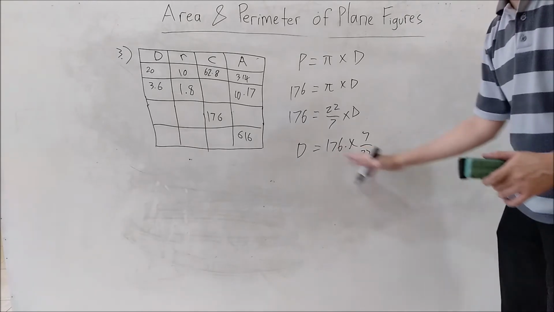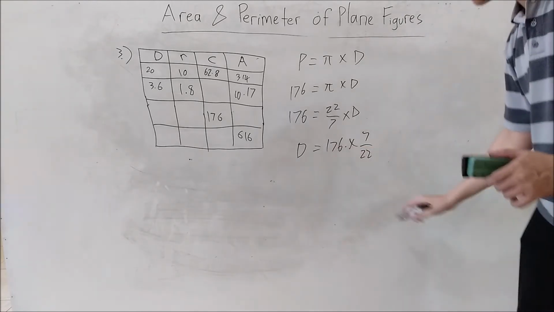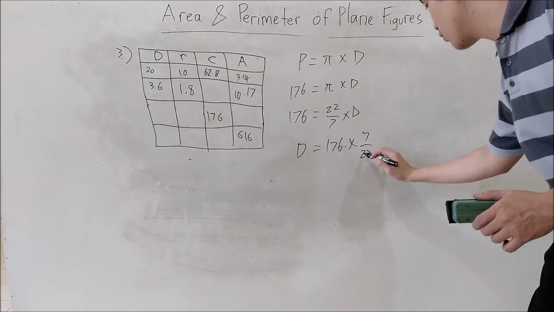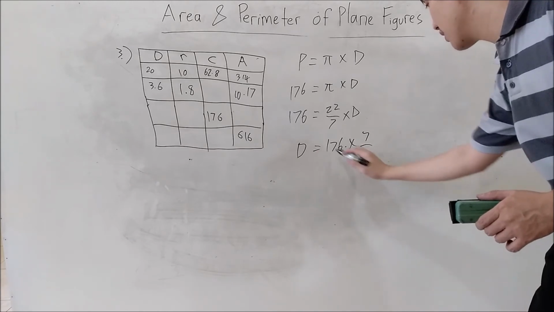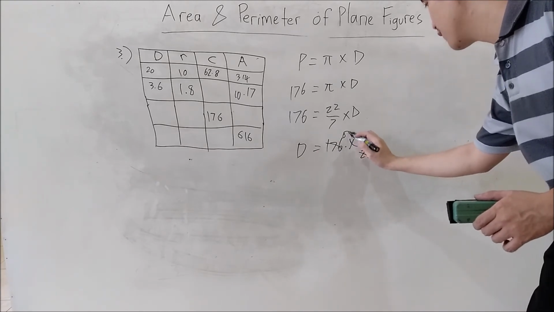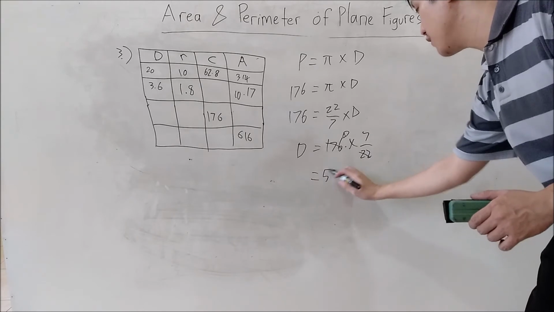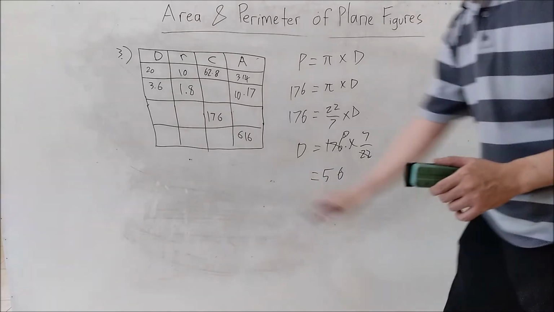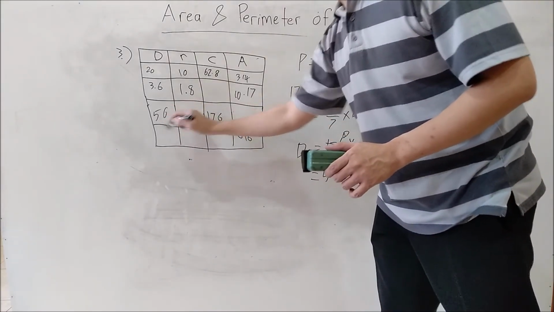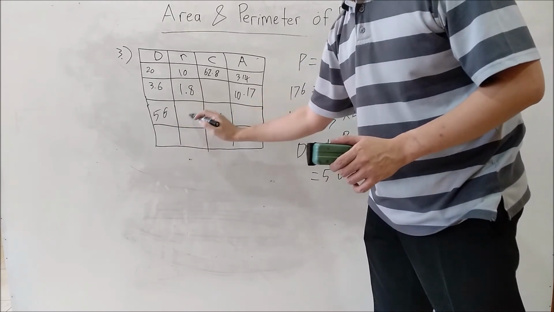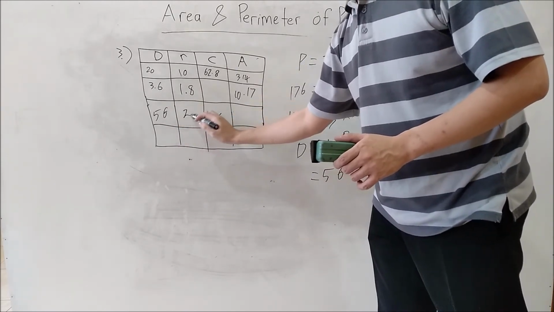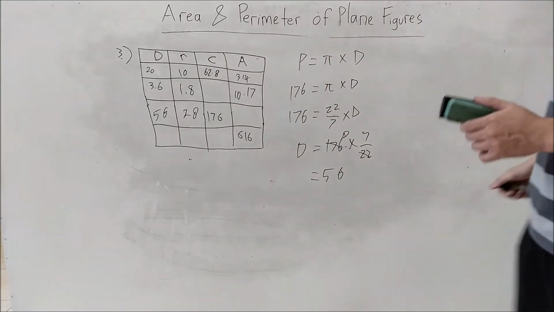That's why I told you it has to be divisible by 22. Then we can just divide it by 22. I will get 8 in here, I believe. So the diameter itself will be 56, then the radius will be 56 divided by 2, 28.